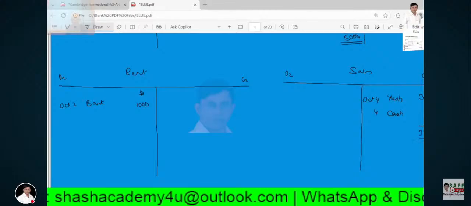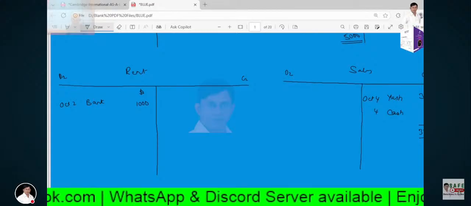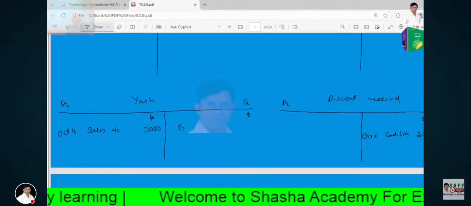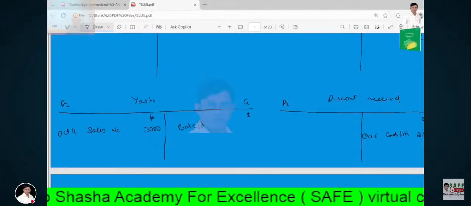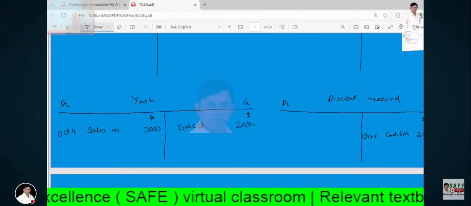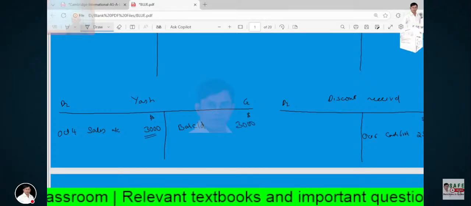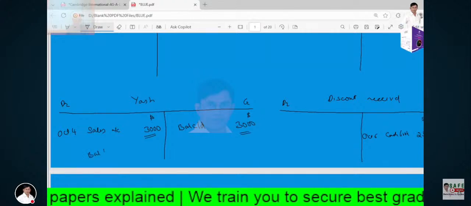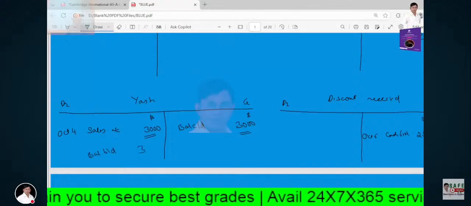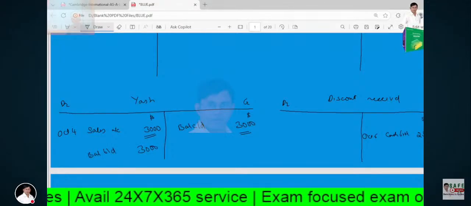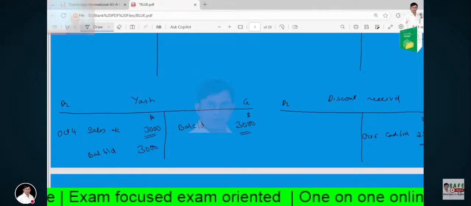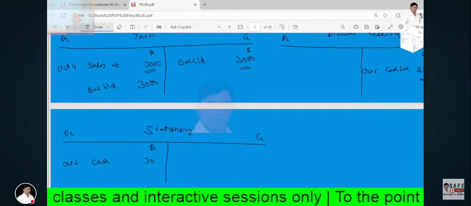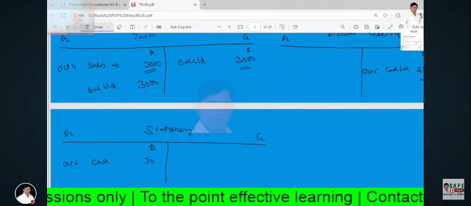Then the credit balance is 3,000, so this will be brought down again. Balance brought down 3,000. Discount received is 250, this will go straight to the trial balance. Stationery is 30, it will go straight to the trial balance.